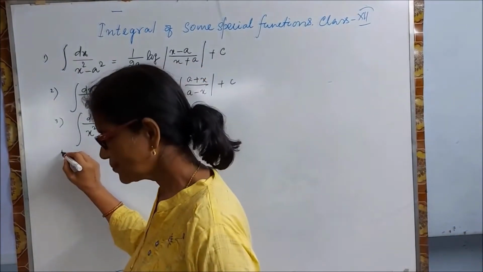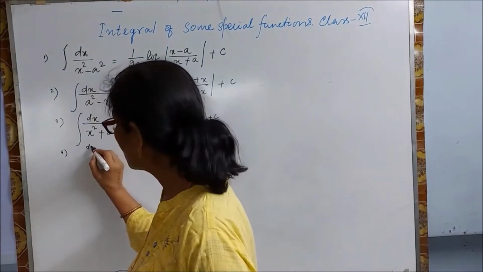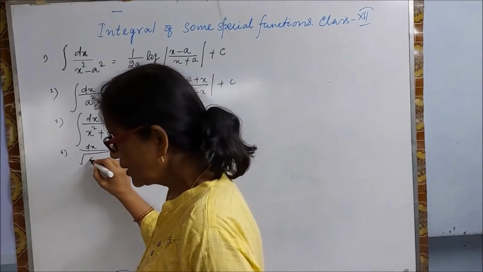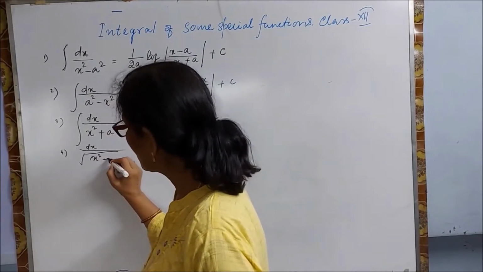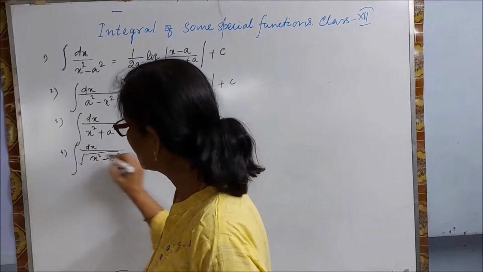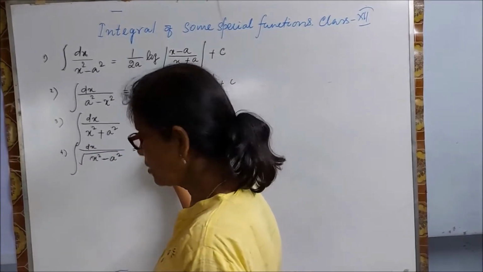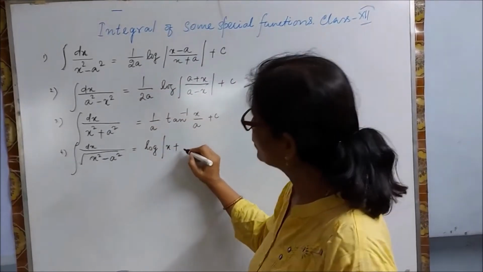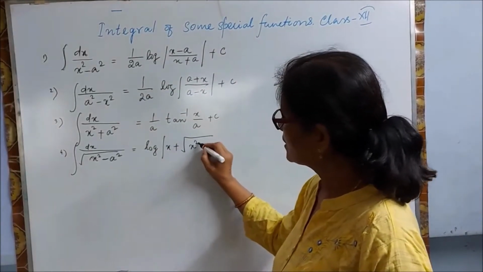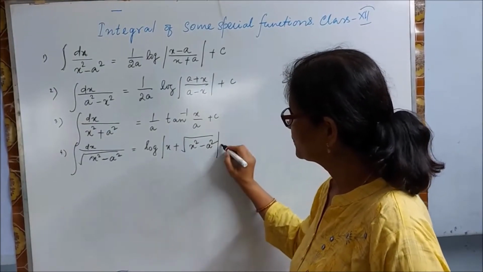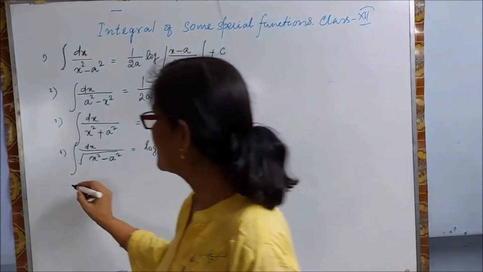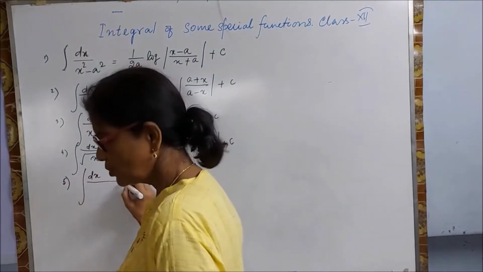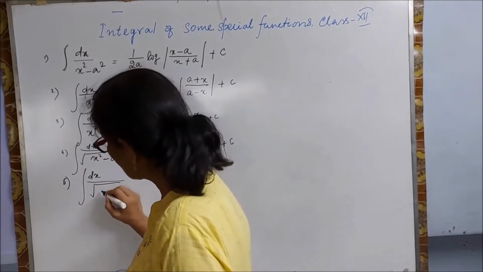Number 4 is dx by, now in the denominator there is a square root, the square root of x square minus a square, which is equal to how much? Log of x plus the square root of x square minus a square, plus c. And 5 is dx by the square root of a square minus x square.